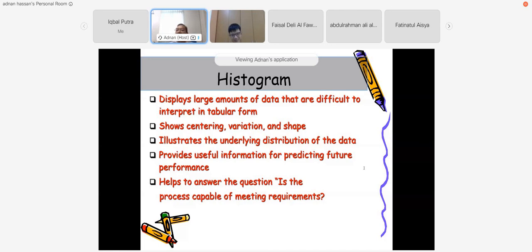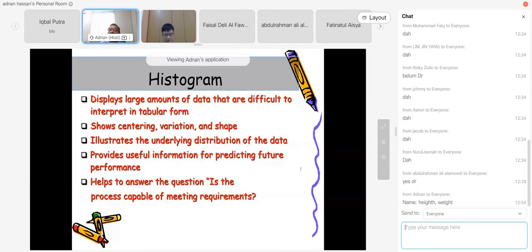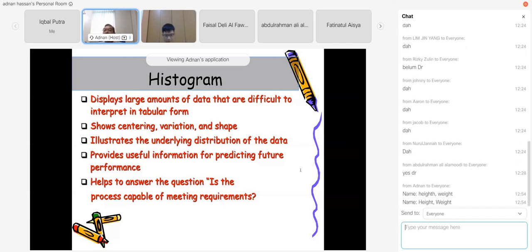Just a rough figure; if you don't know exactly, just make an estimate. First put your name, your height, and your weight. Can you see what I wrote in the chat box? Yes, Doctor. Okay, everyone just put your name, height, and weight.